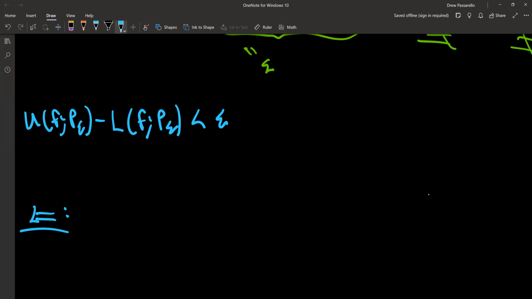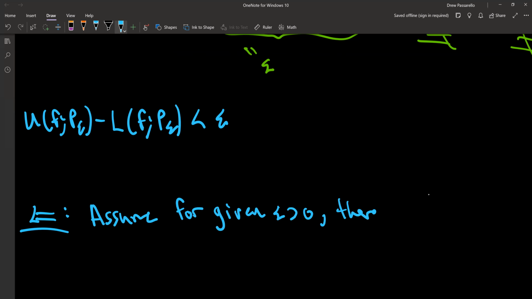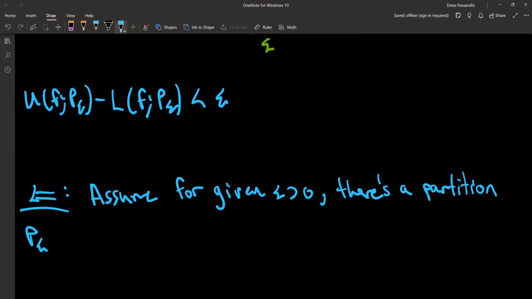So this time we're going to assume that for given epsilon, there's a partition P of epsilon so that the upper sum minus the lower sum is less than epsilon.